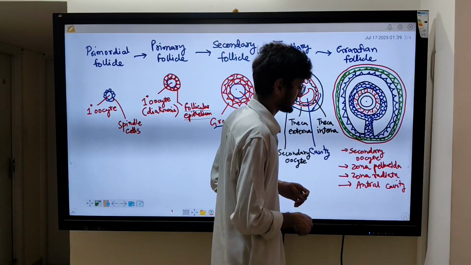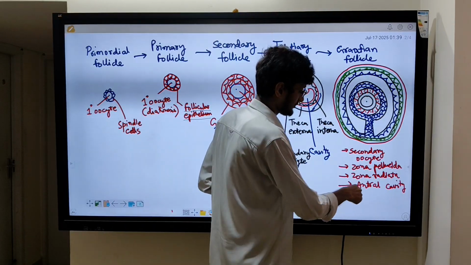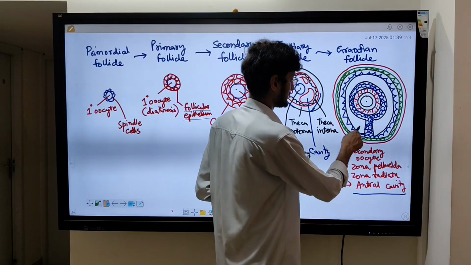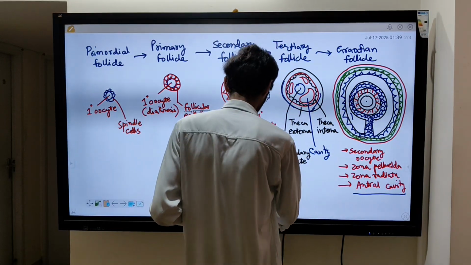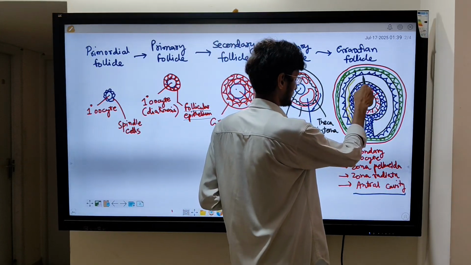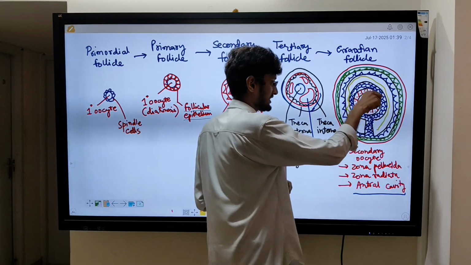So the secondary oocyte is here. The inner layer is the zona pellucida followed by the corona radiata, and you can see a large antral cavity. Wait, let me show you. This whole cavity is the antral cavity.